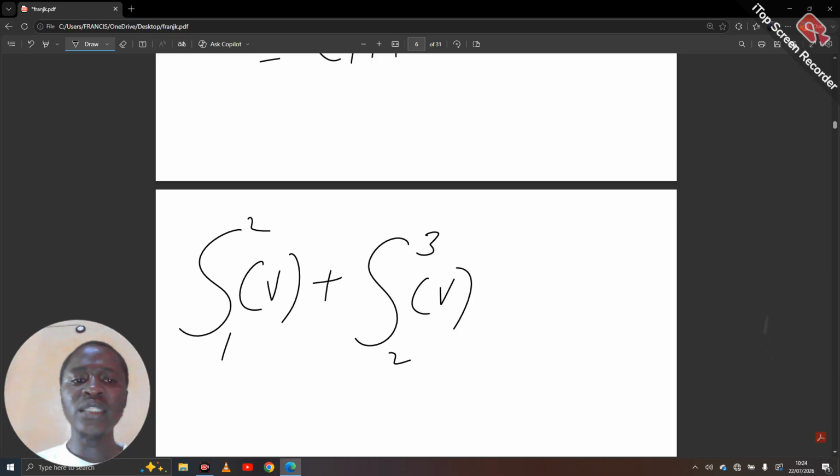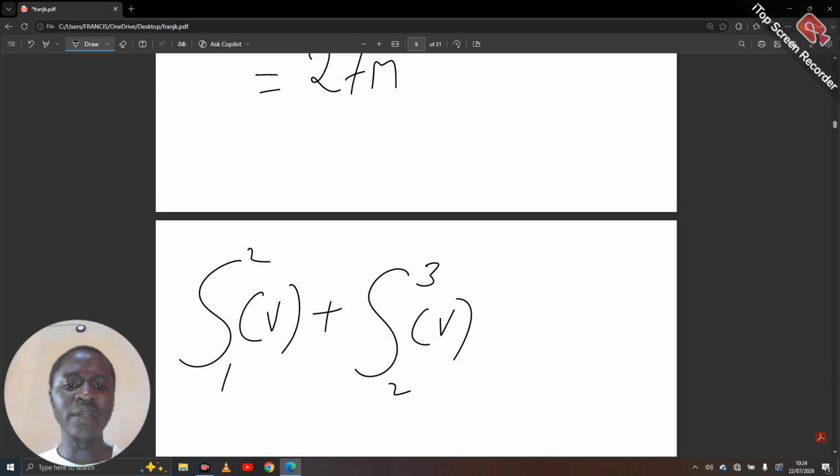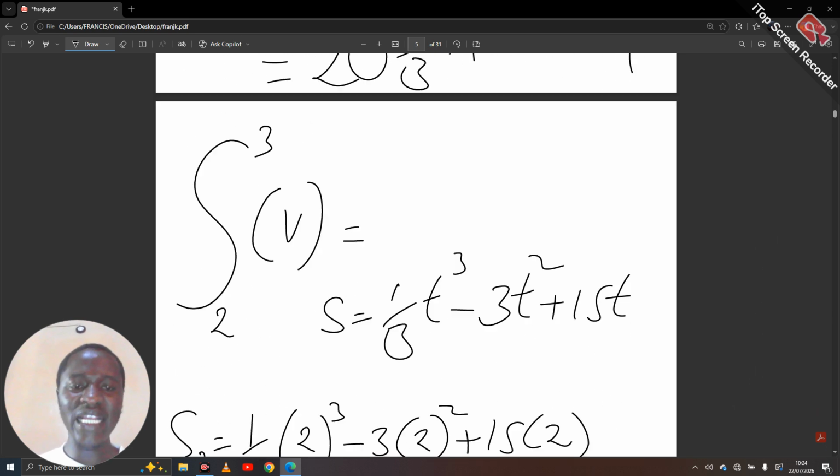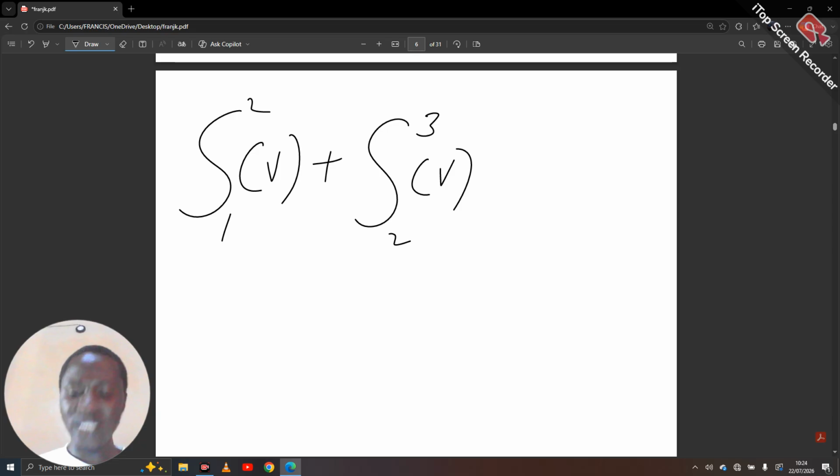So the total of these, remember integrating V to 2, we had the answer. And this other part. So it is just a matter of adding. But before you add, remember when you are integrating from the bottom to the end, you must get the difference of 2 and 1.